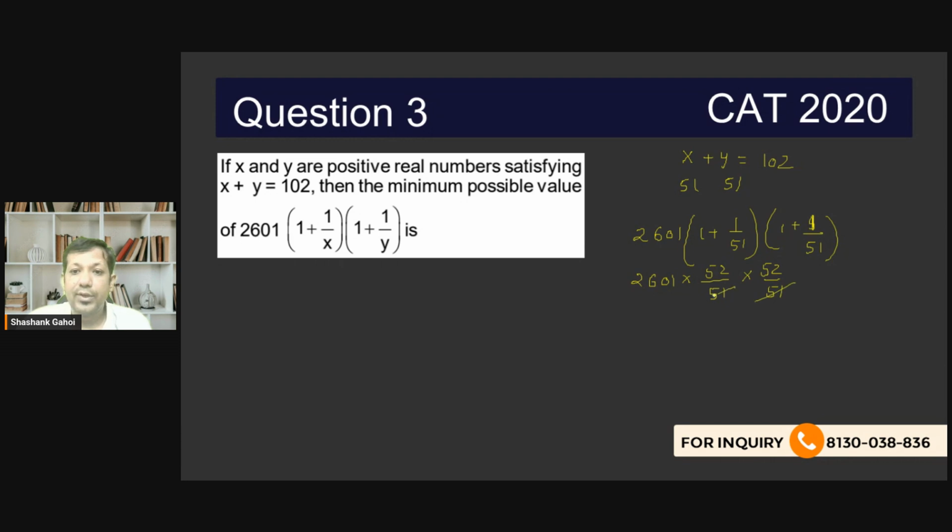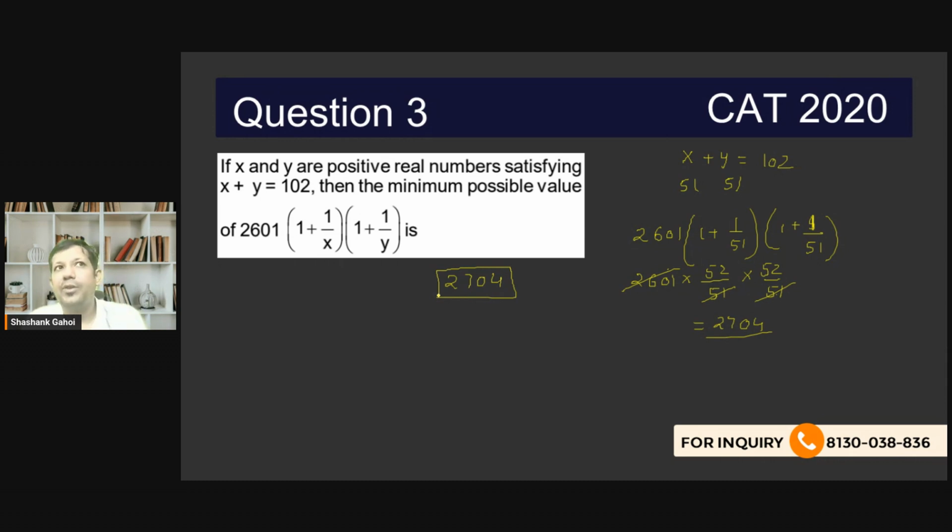Now 2601 in reality is the square of 51, so this cancels out and this comes out to be 2704. That's it. This is the approach we are going to follow in solving questions of maxima and minima. Don't think much, directly put all the values equal. Now let's move on to the next one.